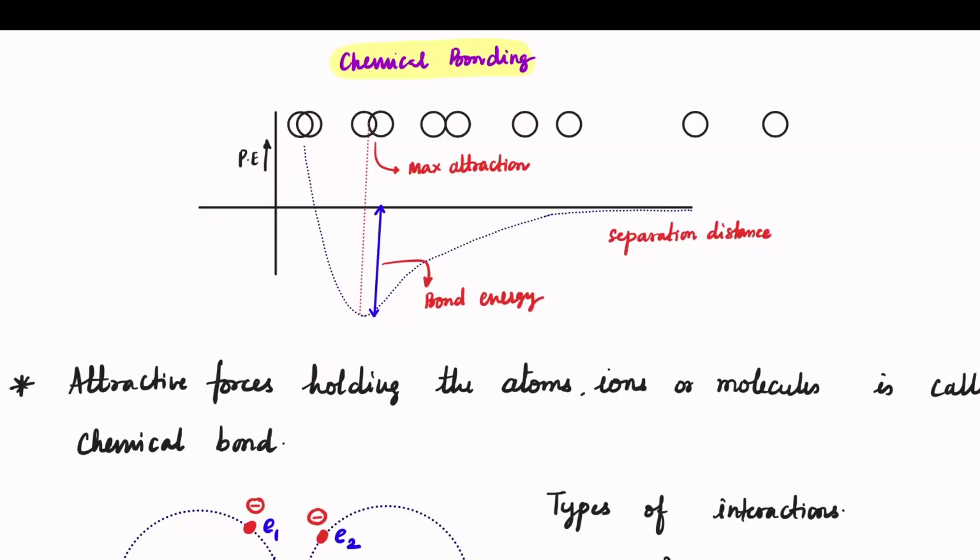Correct? A point where there is the overlap of the orbitals or electron clouds. When the overlap of electron clouds happens, that's when we have the maximum amount of potential energy developed.